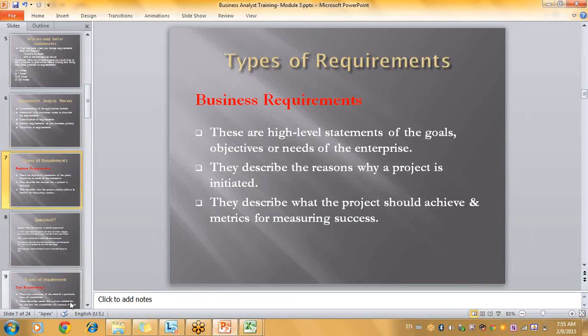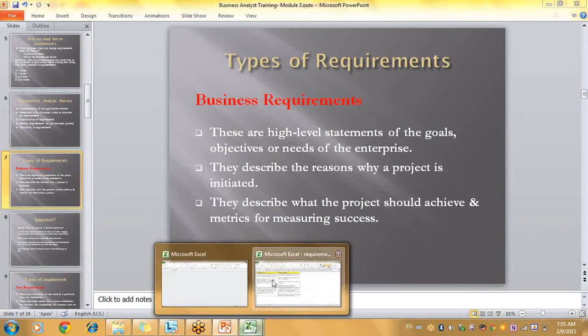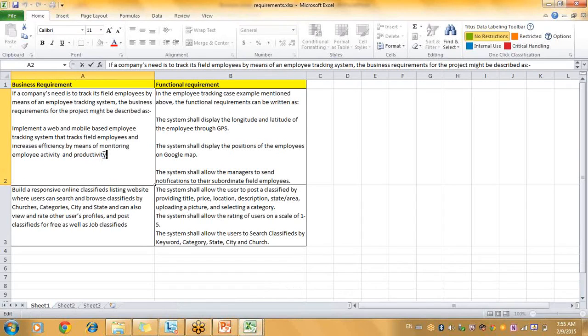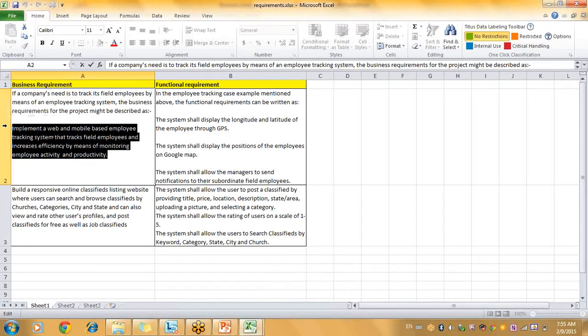So who is the person that decides what the metrics are going to be for measuring success? Is that you? It will be me as well as the business stakeholder. Sometimes they will directly give you the success metric. For example, they might say, hey, I want to implement a web system and I want to increase my efficiency by 25%. Currently it is 5%.